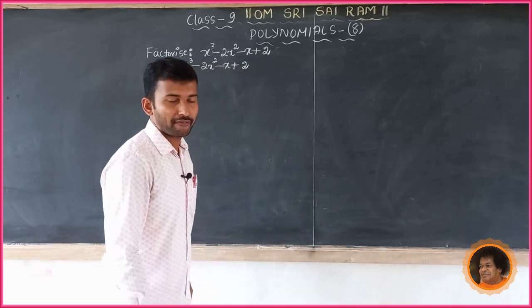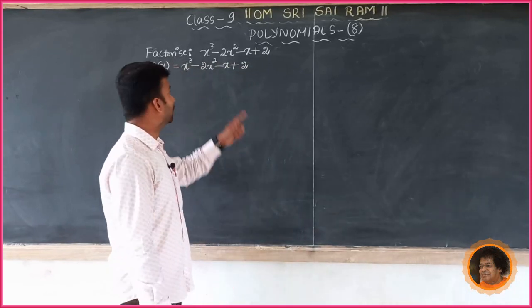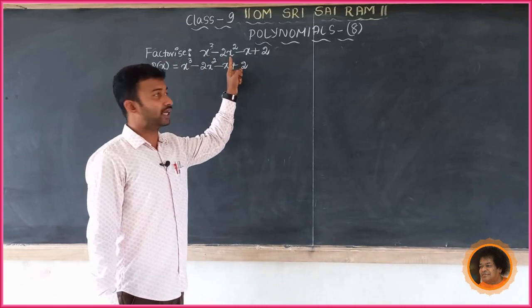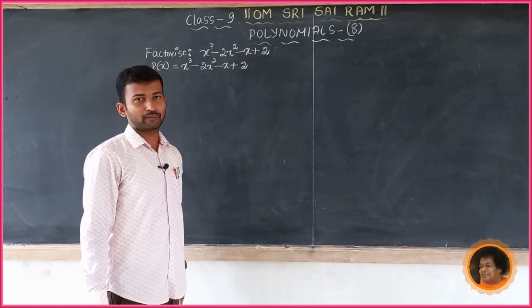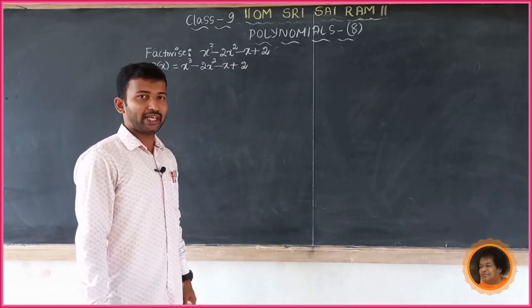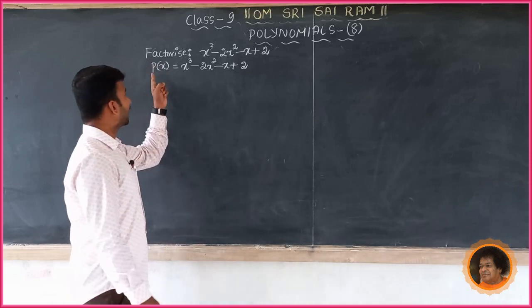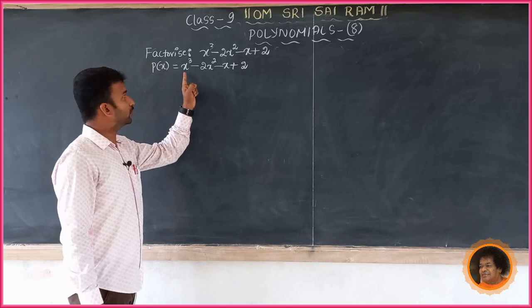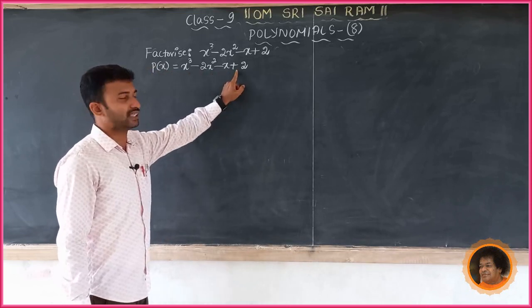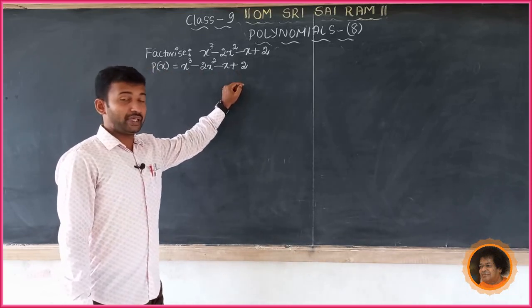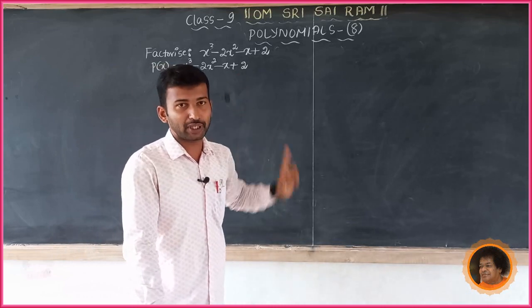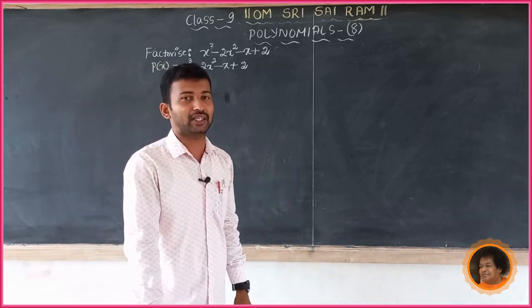Second problem, factorize the cubic polynomial x cube minus 2x square minus x plus 2. It is a cubic polynomial in one variable x. So we can write p of x is equal to x cube minus 2x square minus x plus 2. We need to factorize this cubic polynomial by the factor theorem.